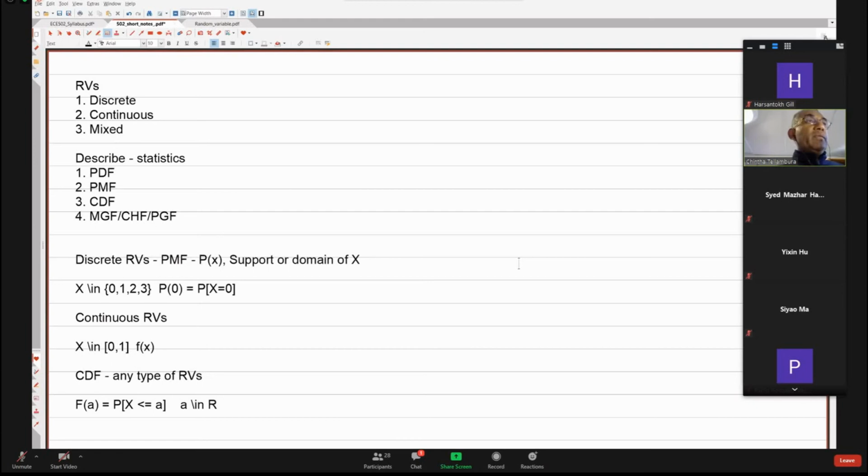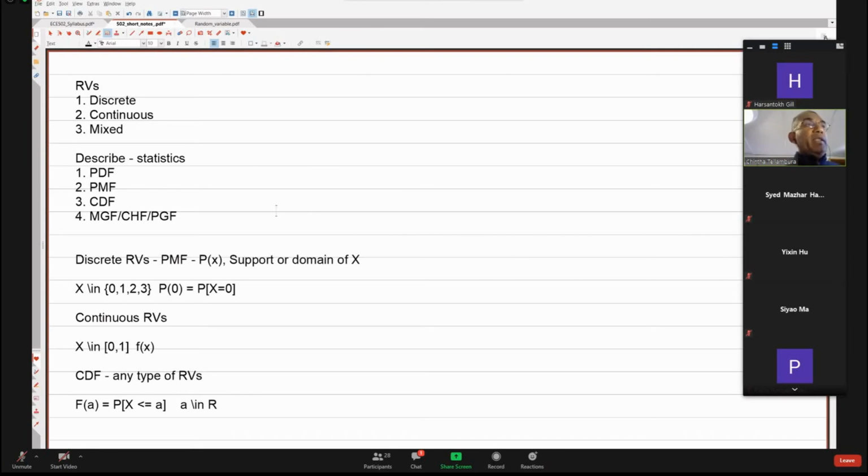We have been discussing these things before the break. So we have three types of random variables, but in this course, we will be focusing only on discrete and continuous random variables, right? The mixed ones are not necessary here.